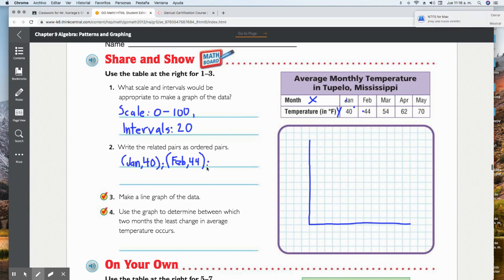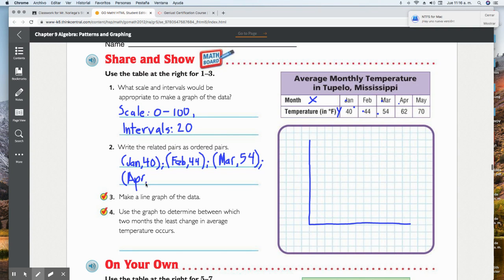Another set of parentheses for March. I'm going to write March, comma, 54. So the temperature was 54 degrees in March. Open another set of parentheses. Now I'm at April, so April would be the first number.